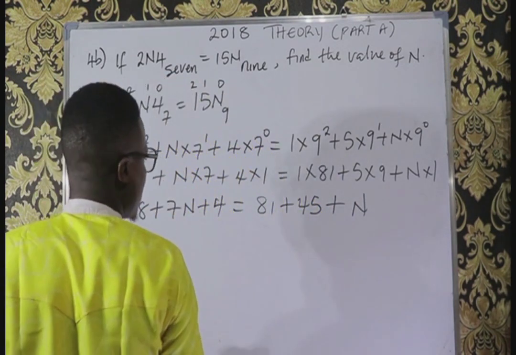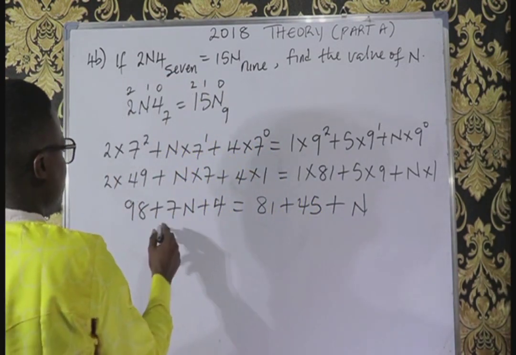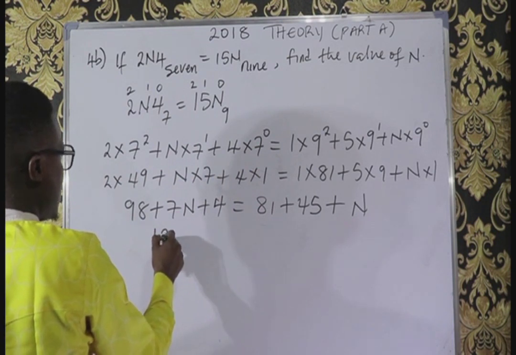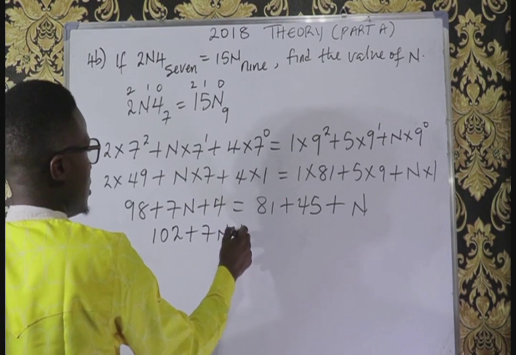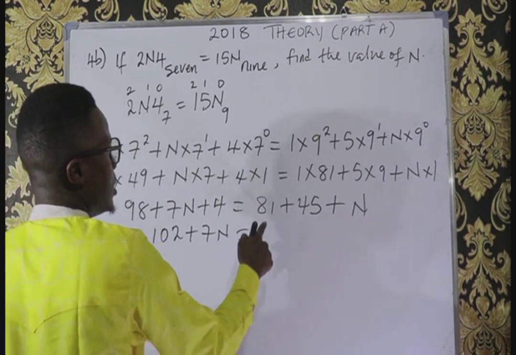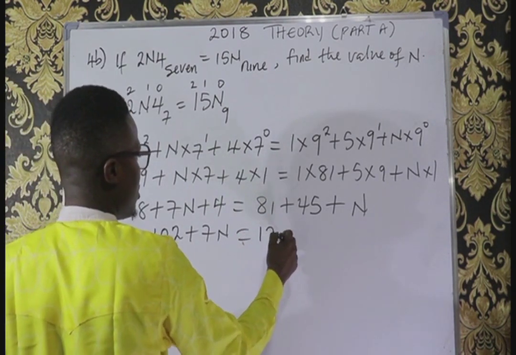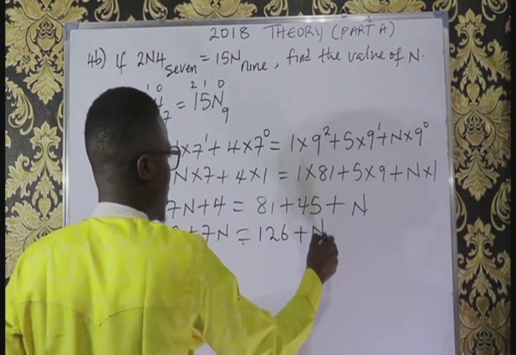We collect like terms. Normally 98 plus 4 will give us 102 plus 7n equals 81 plus 45 is 126 plus n.